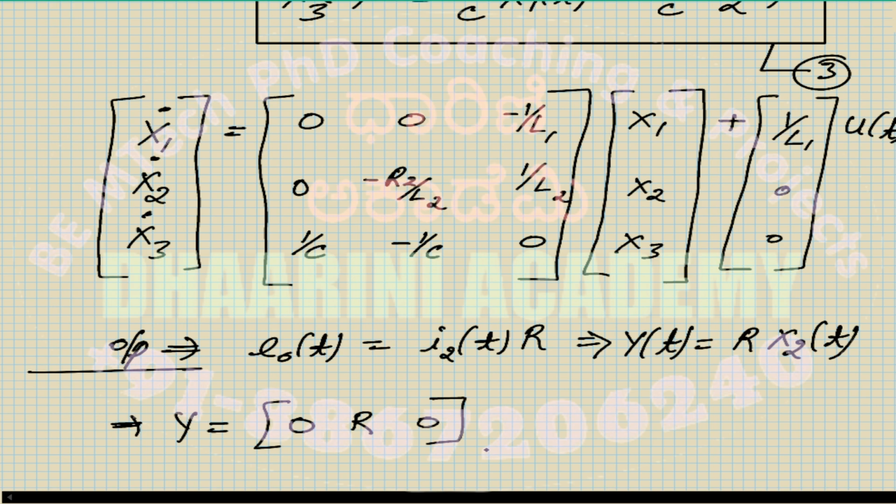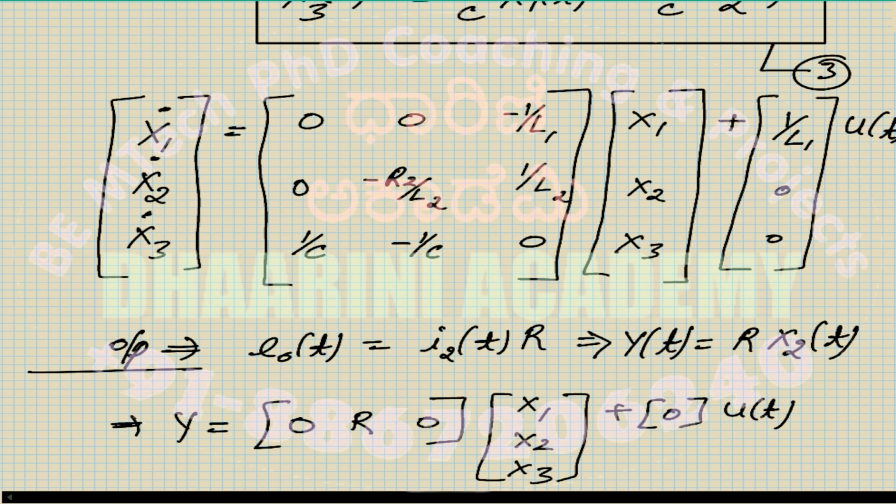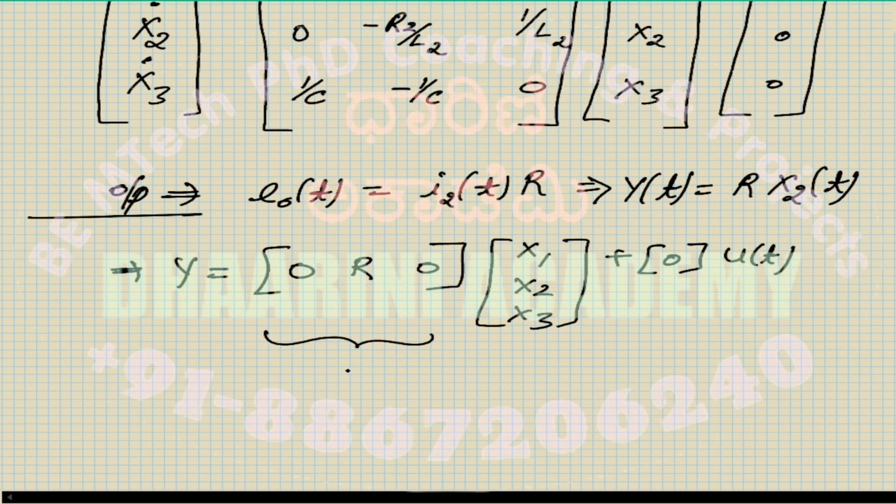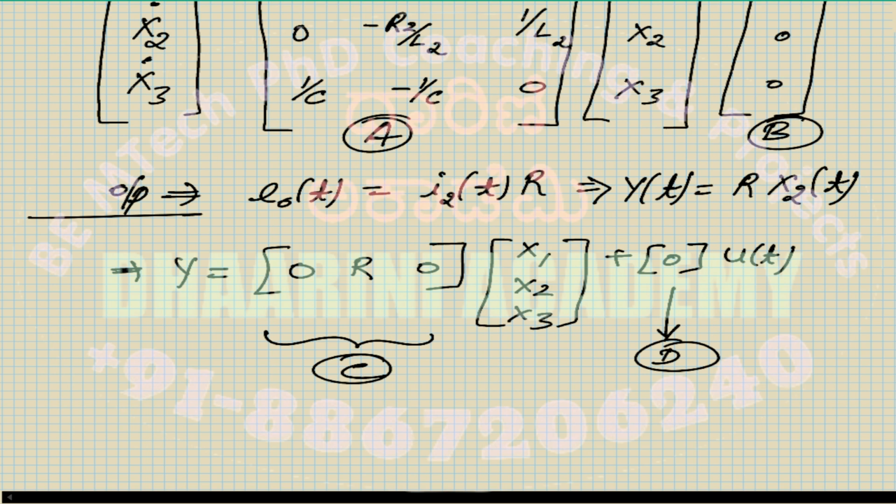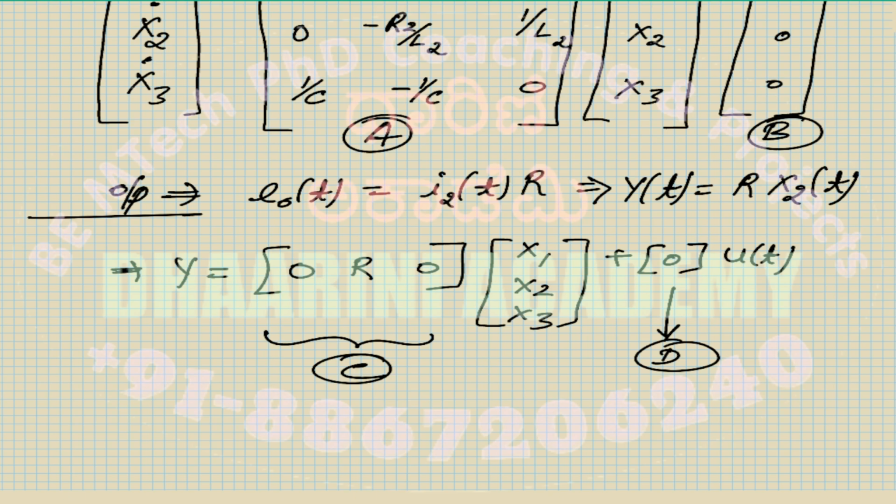And write the same thing. This is x1, x2, x3, and none of them depend on the u, so 0 times u of t, right? So I can compare and get the values of C and D matrix like this. So this is matrix A and this is matrix B. So we got all the four matrices, right? So this whole thing is called the state model of the given problem.